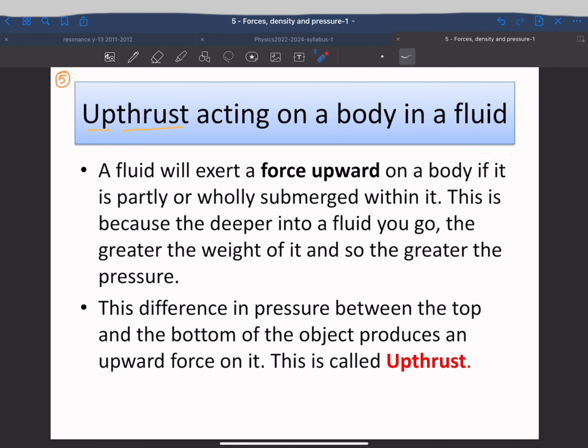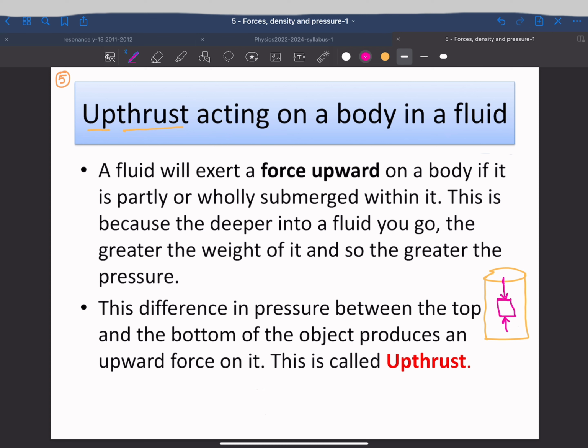The basic thing is that if you have a container, and inside it a body, suppose with air only, then the top of this body will have one pressure, and the bottom will have another pressure.